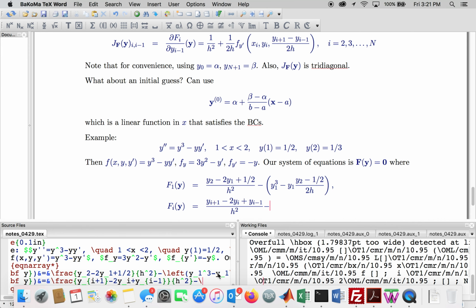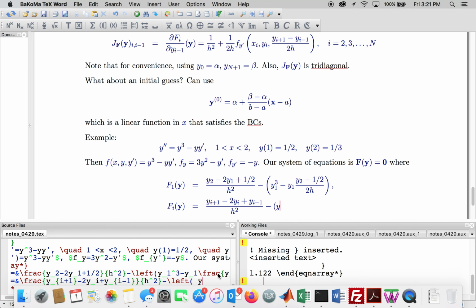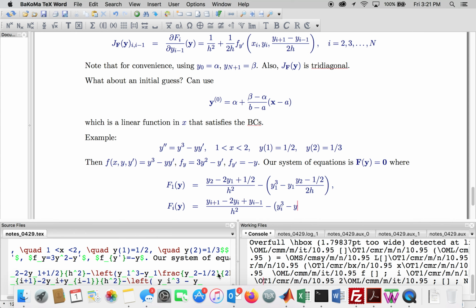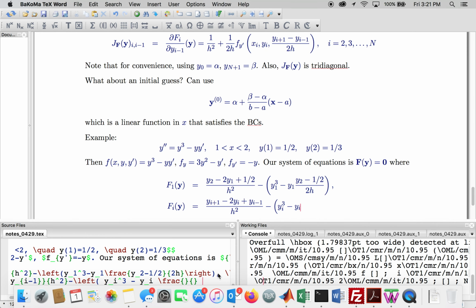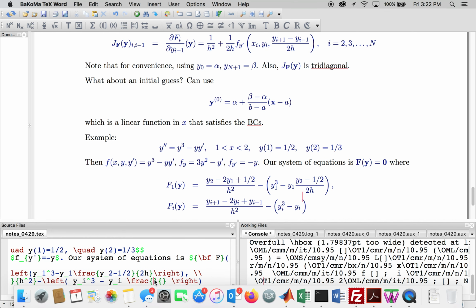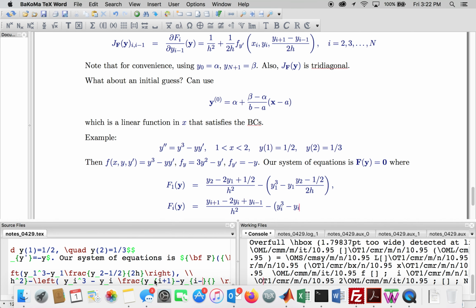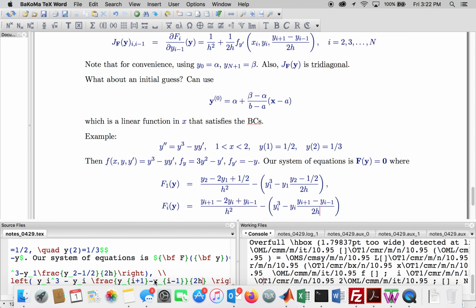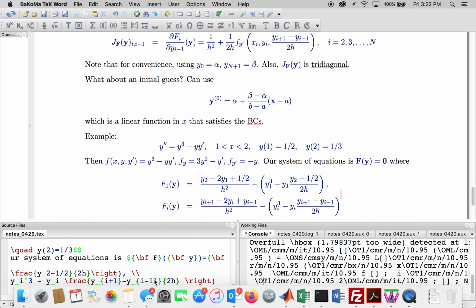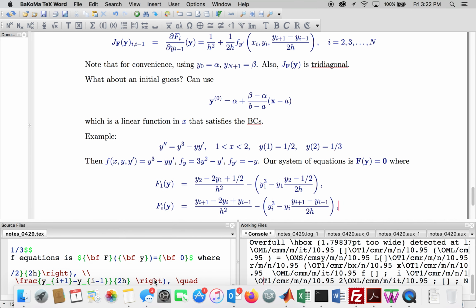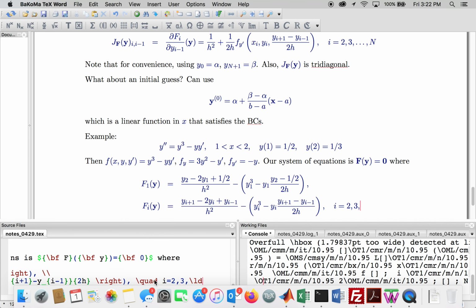And then we fill in the function f, again using the center difference for the first derivative. Okay, and this holds for interior indices.